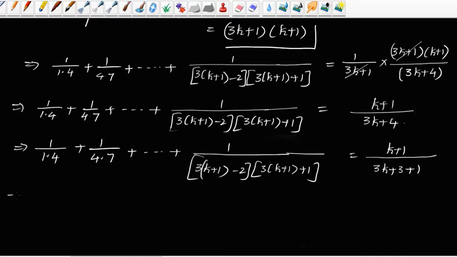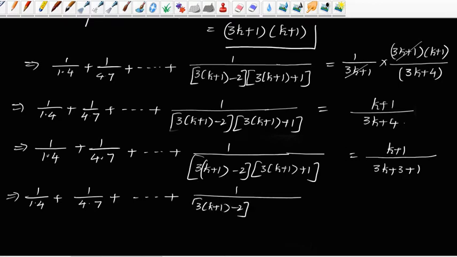So finally 1 by 1 into 4 plus 1 by 4 into 7 plus up to and so on, 1 by 4 plus 1 minus 2, 3 into k plus 1 plus 1 is equal to k plus 1. Taking 3 common in these two terms, how much will you get? 3 into k plus 1 plus 1.